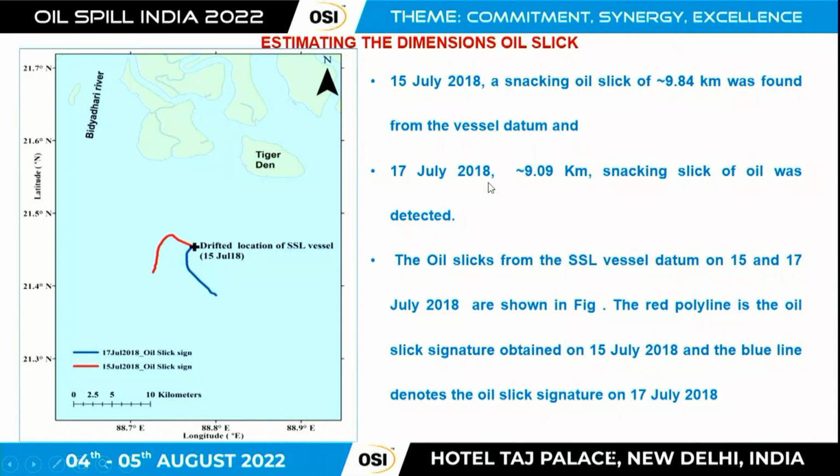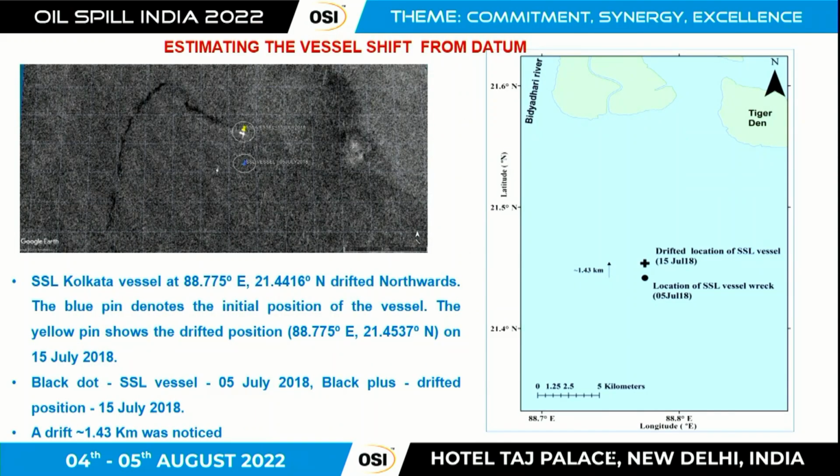And here you can measure the dimension of the slick observed from the SAR data. Here you can see approximately 9.84 kilometers on 15th and 9.09 kilometers on 17th of July. These dimensions you can also compute with the help of the SAR data. And not only that, you can estimate the shift of the vessel from its datum.